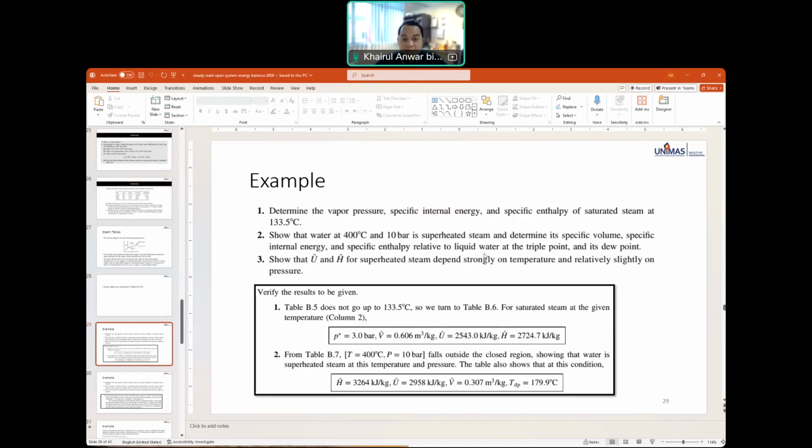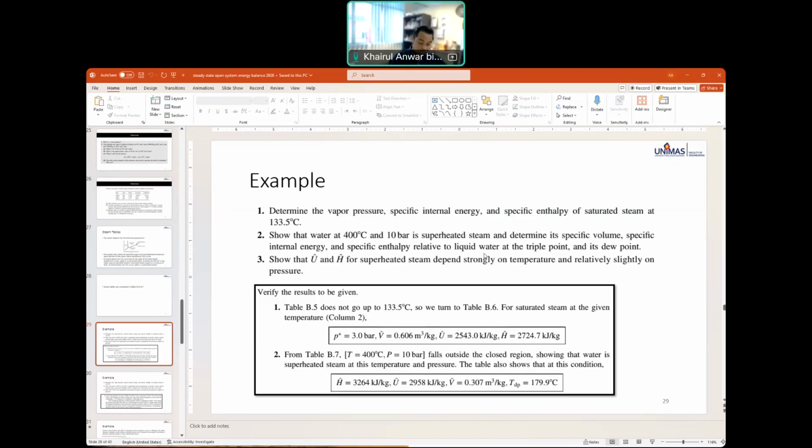Determine the vapor pressure, specific internal energy, and specific enthalpy of saturated steam at 133.5 degrees C. So for this case, you need to refer to table B5. But in table B5, the highest it goes is 102 degrees.